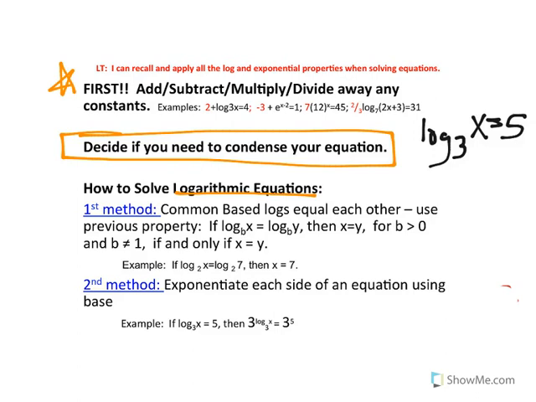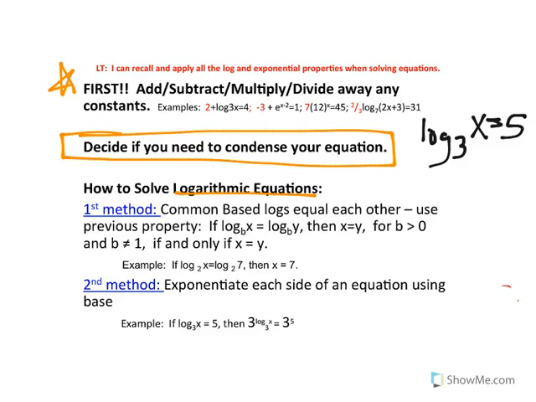When you get to this place and you don't have a log on both sides, like for this example, you don't have a log base 3 term on the right hand side, so you can't use the first method when you don't have a log on both sides. However, you can take the inverse of both sides. What is the inverse of log base 3 of something?